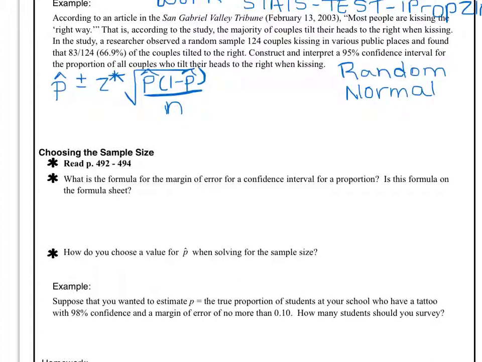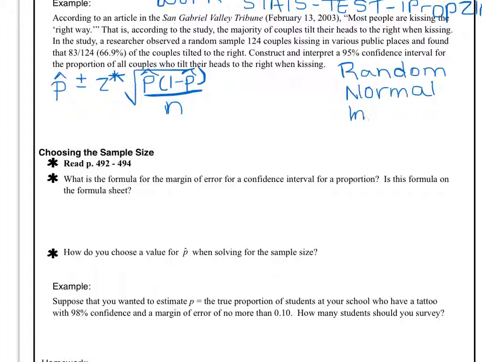To do normal, remember, I need to do n times p. So that would be 124 is my n, times p, which is right here. That would give me 83, so that's greater than 10. And then I say 124 times 1 minus this, which would give me 41, which is also greater than 10.